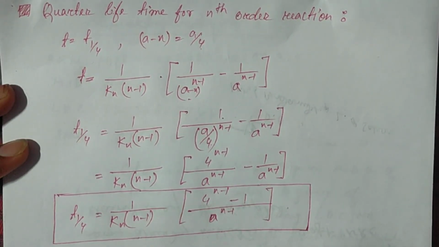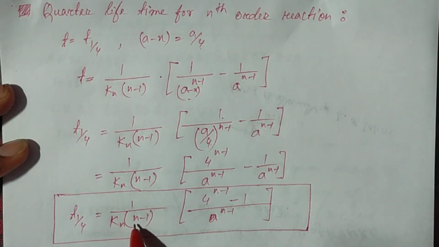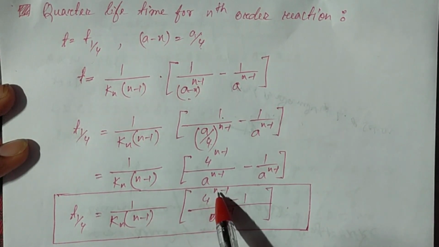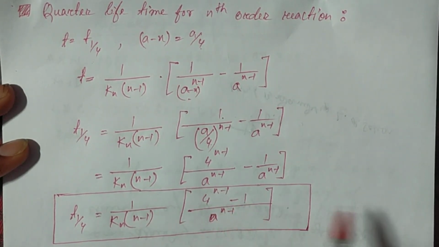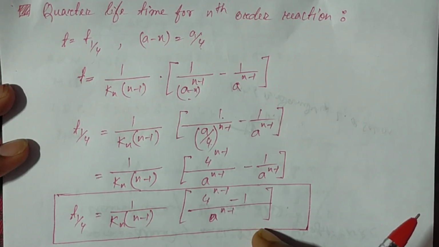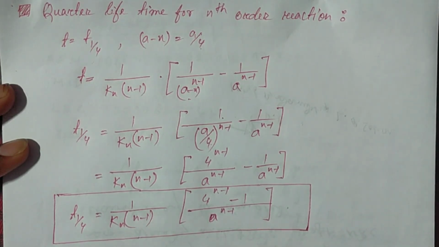So this is the equation: t 1 by 4 is equal to 1 by kn (n minus 1) into (4 to the power n minus 1 minus 1) divided by a to the power n minus 1. This is the equation for quarter lifetime for nth order reaction.